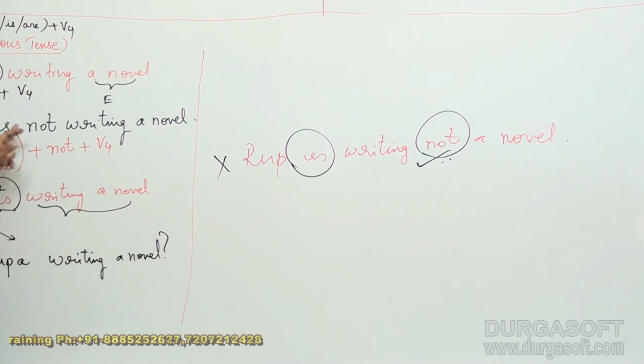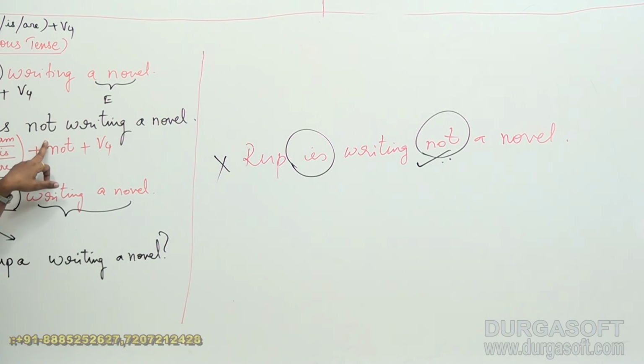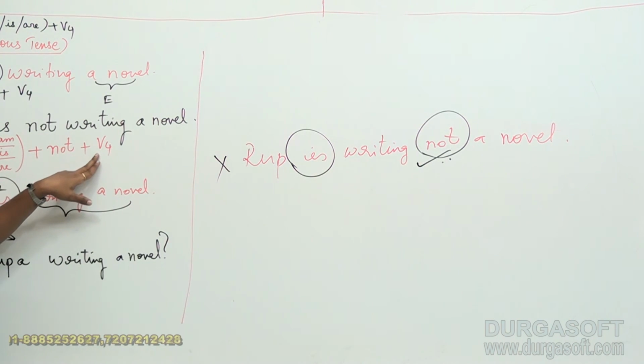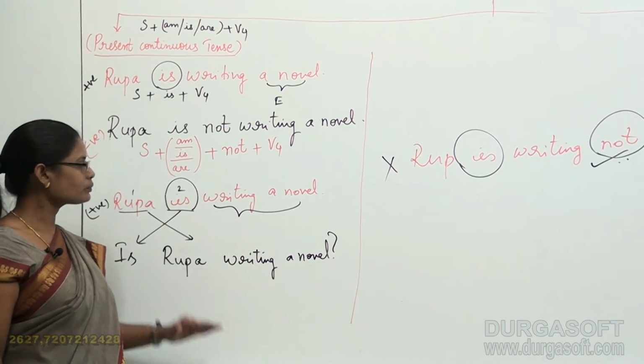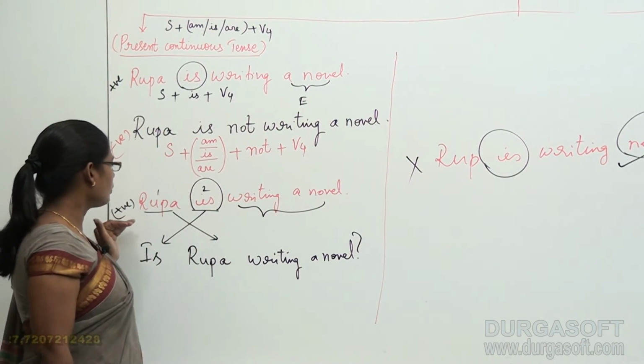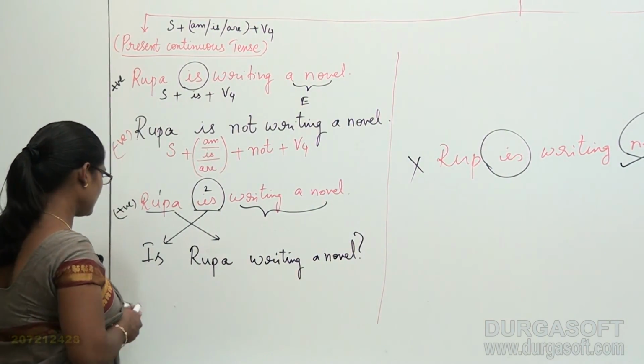Okay, so the structure provided for this is subject plus is plus not plus V4. So this is the required structure to construct a negative sentence. Now coming to the questioning sentence, this is a questioning sentence.